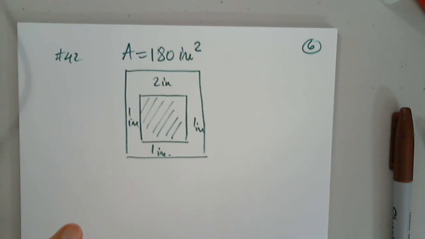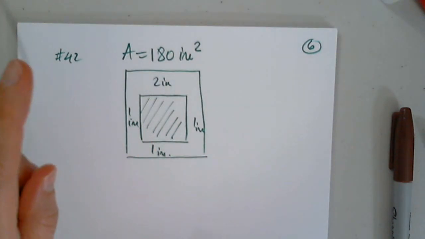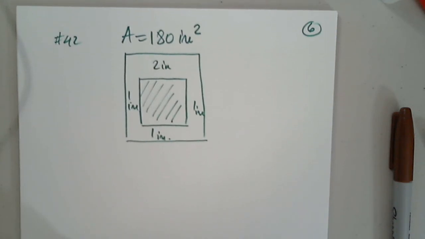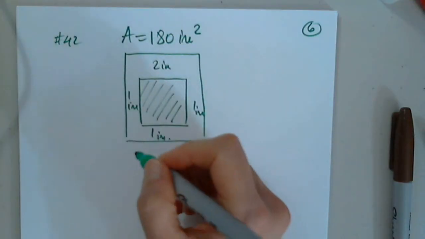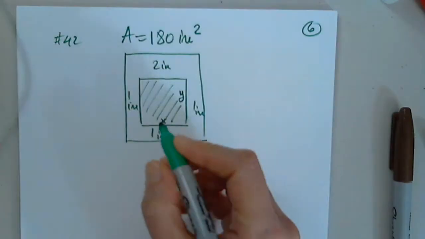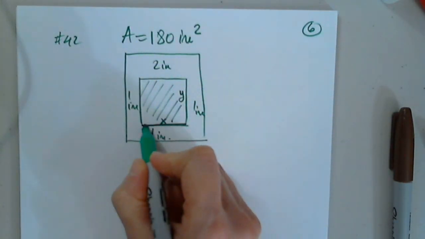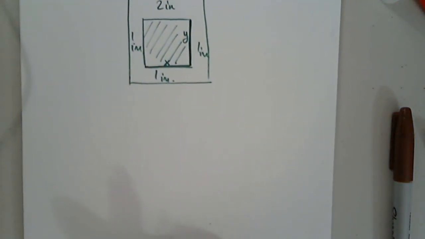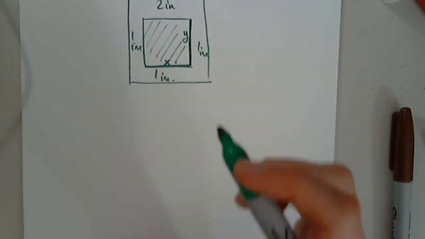Again, let me go back for a second. It said a poster is to have an area of 180 square inches. So the whole thing is 180. And it has margins, and then it has the printed area. So this whole thing, I'm going to call this X, and this Y. That's one option.